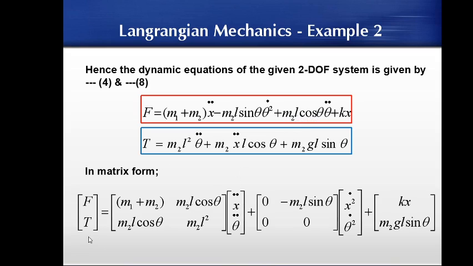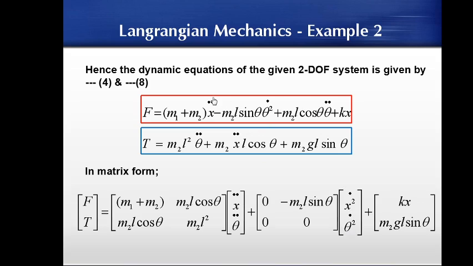Now coming to the coefficients for the torque, I am checking whether I have any terms for x double dot. Yes, I have: that is m2 L cos theta, and for theta double dot I have m2 into L square. So I am writing m2 L square here. Then plus the terms for the single derivatives of x and theta, the x dot square and theta dot square terms.